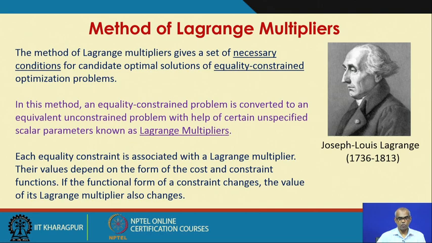Each equality constraint is associated with a Lagrange multiplier. Their values depend on the form of the cost and constraint functions, that means the functional forms of the objective function and the constraint function. If the functional form of a constraint changes, the value of its Lagrange multiplier also changes.